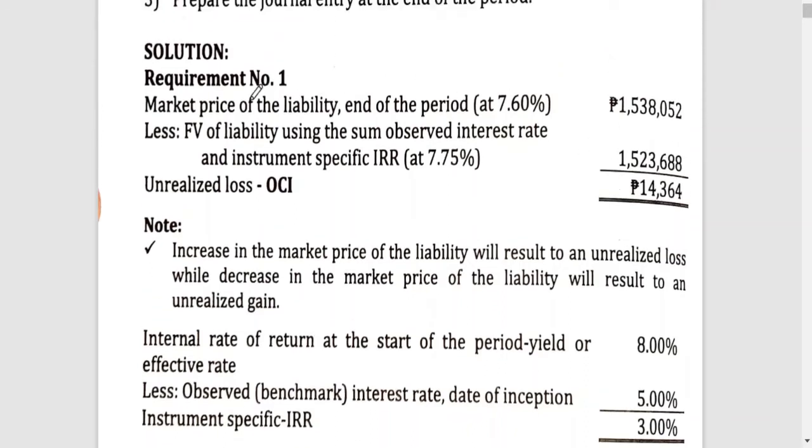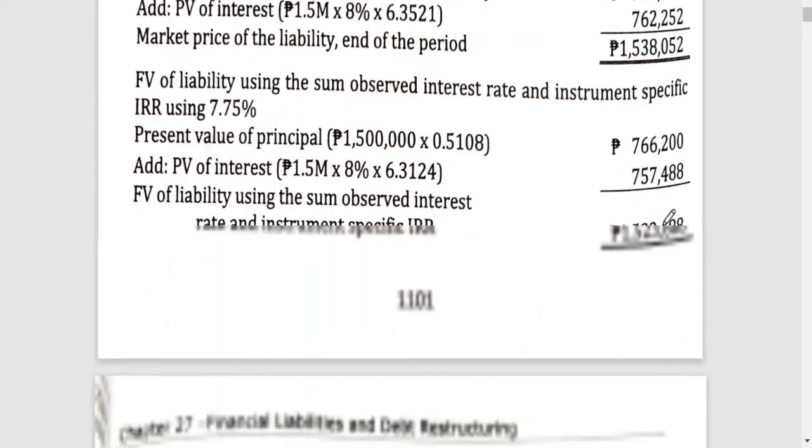So we have the market price at the end of the period is 1,538,000. Then the fair value using the sum observed interest rate is 1,523,688. So your market price is greater. So there is unrealized loss, which will be presented under OCI in the amount of 14,364.